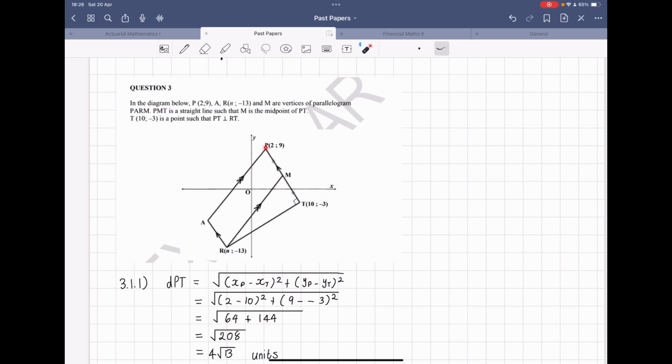And I already just found the gradient of PT, and so the gradient of PM is going to be the same as the gradient of PT. This is just an extension of that line, which means that the gradient of AR is also equal to the gradient of PT, which is minus 3 over 2.